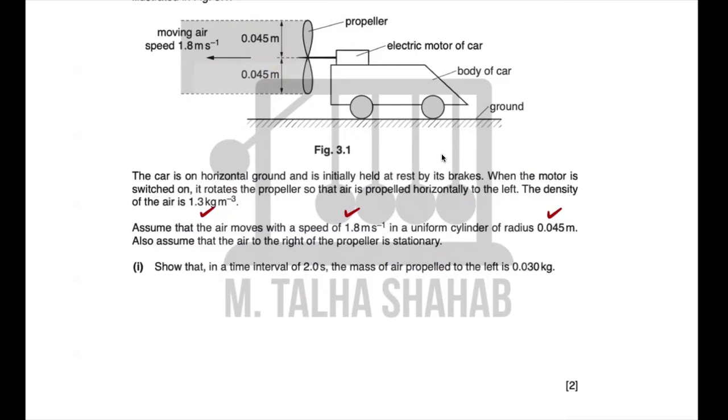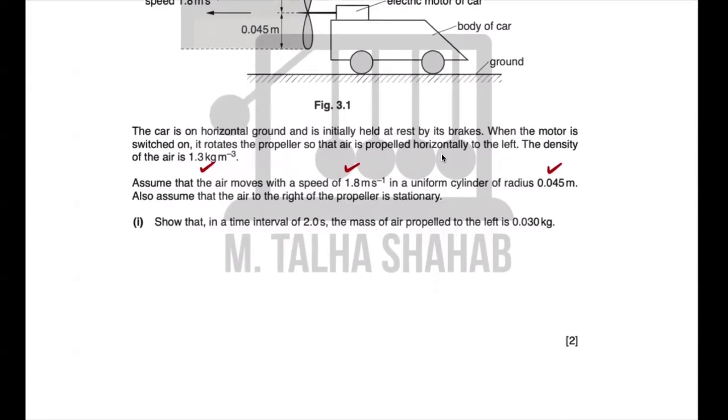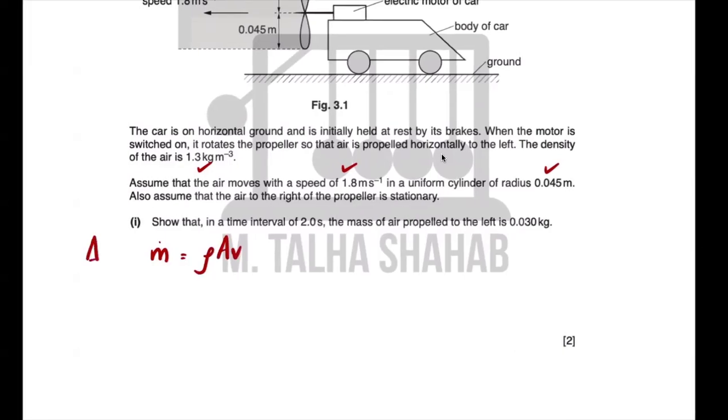I need to find that the mass propelled to the left is 0.03 kg in this much time. So certain mass, certain time, this must give me the idea about the mass flow rate. Mass flow rate is given by the expression rho A v, and mass flow rate is basically delta m over delta t.